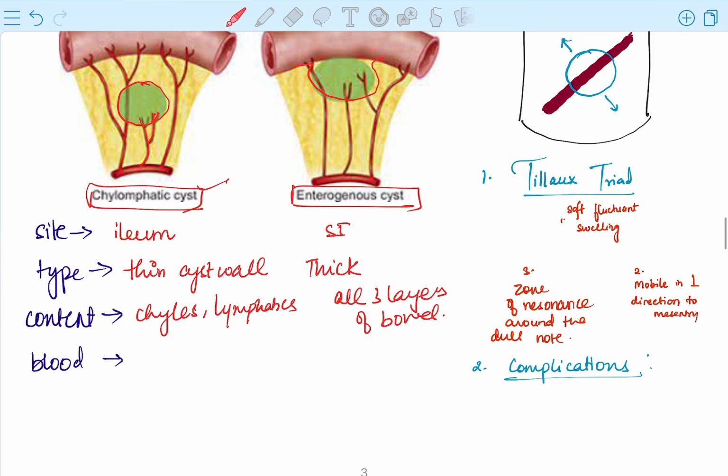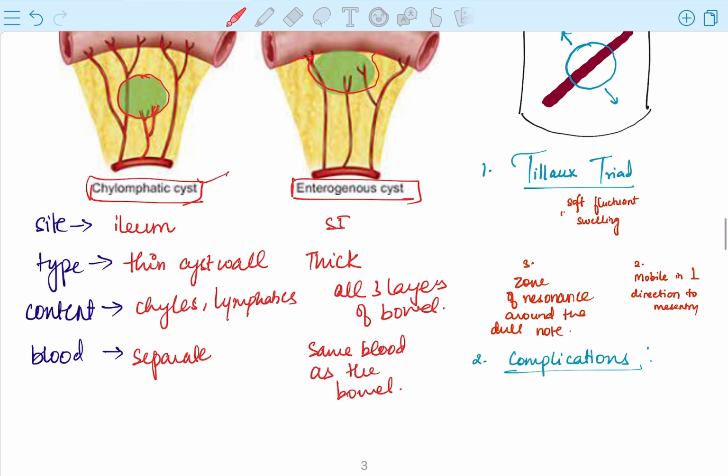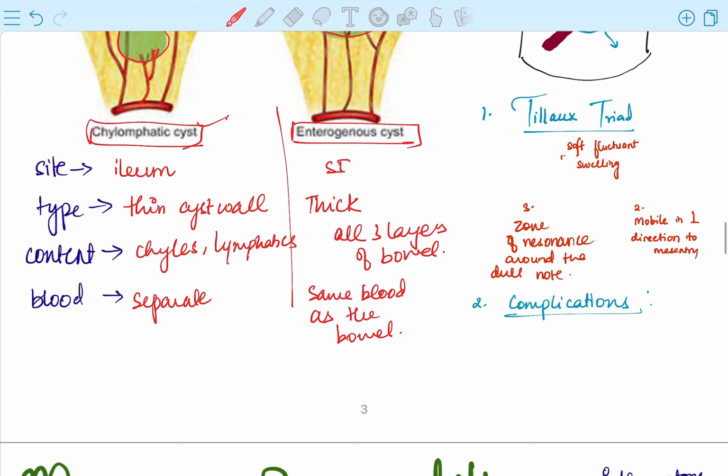Now the blood supply. The chyle-lymphatic cyst has a separate blood supply, as you can see, and the enterogenous cyst has the same blood supply as the bowel. So why is this necessary? This helps in the management.